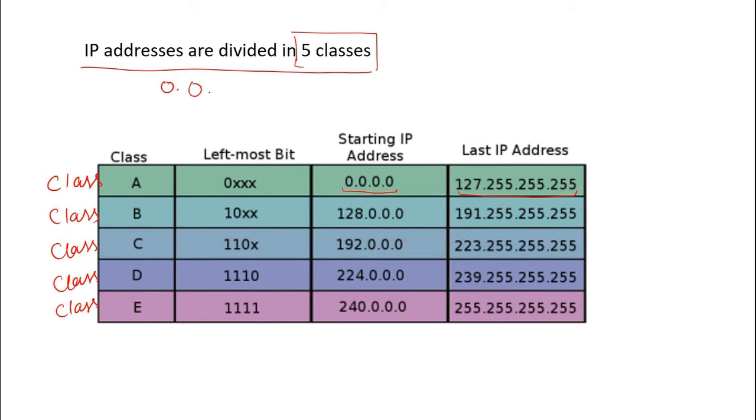In the last octet, it will have 8 zeros. This will be replicated in the remaining octets as well, because there will be 8 zeros in the first octet, 8 zeros in the second octet, and 8 zeros in the third octet. But for simplicity, I'm writing only the last octet. So this will be our 0 bit.